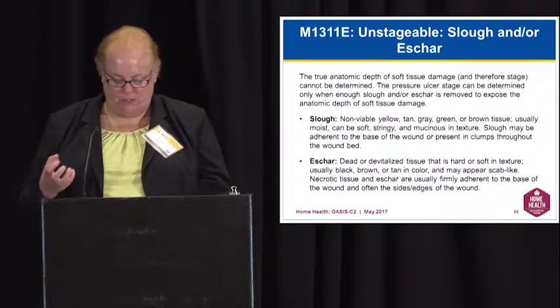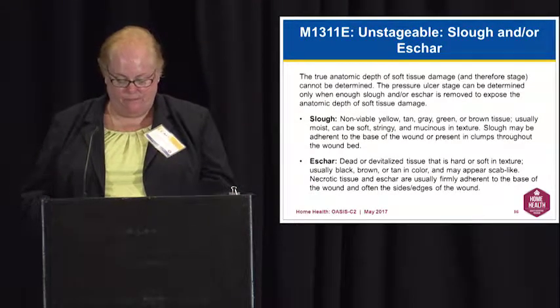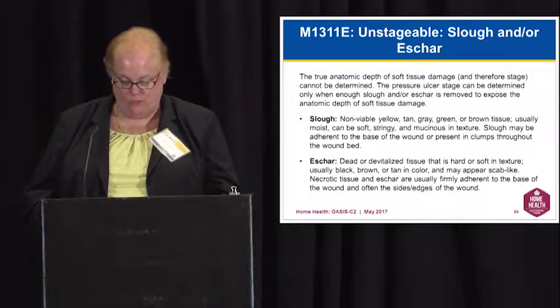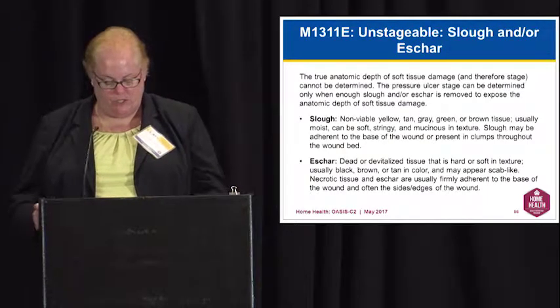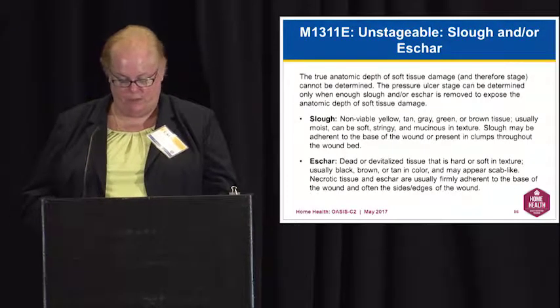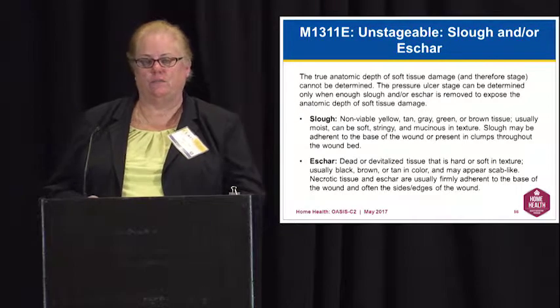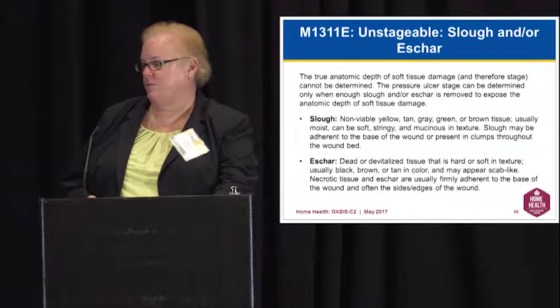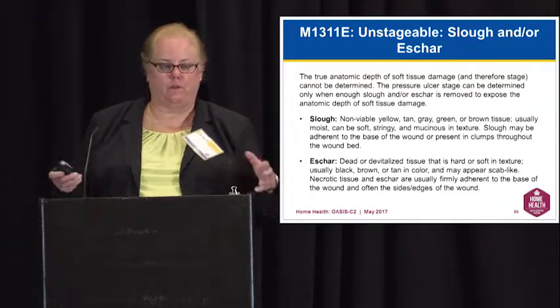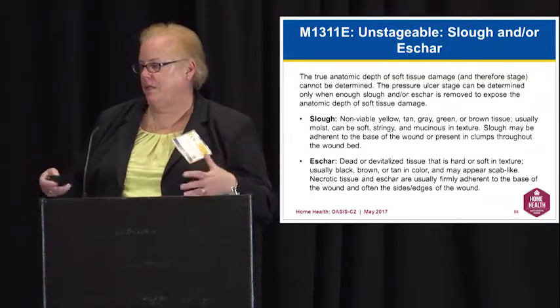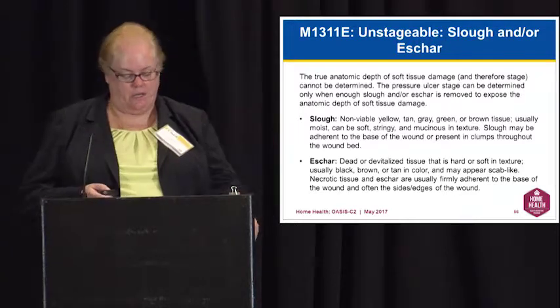It's usually very much adhered to the wound. It's necrotic tissue, firmly adhered to the base of the wound, and at that point usually needs to be either surgically or chemically debrided, if that's a choice that you're making. Usually on the heels, they just let them be, relieve pressure, and keep an eye on them.